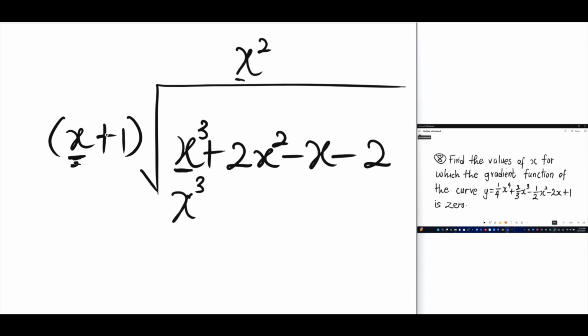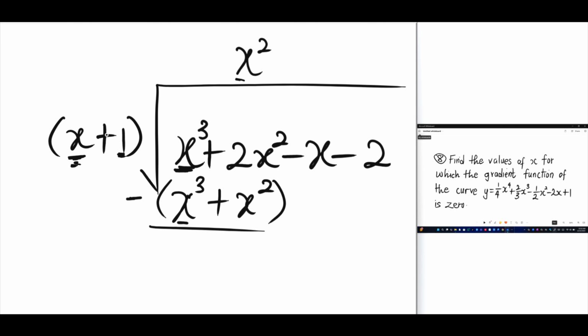Then the same x squared will multiply the 1, the second term in the divisor, and that will give us x squared. All right. Then you subtract. So x cubed minus x cubed gives us 0.